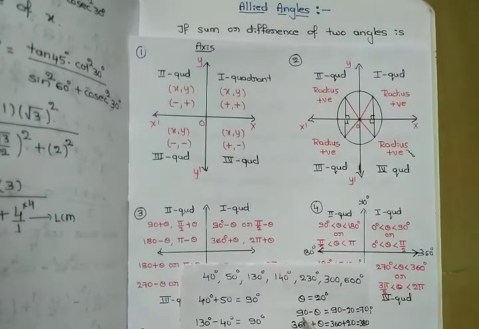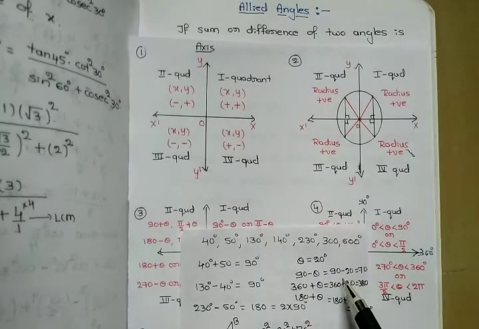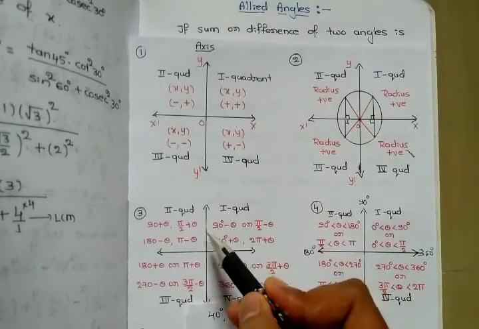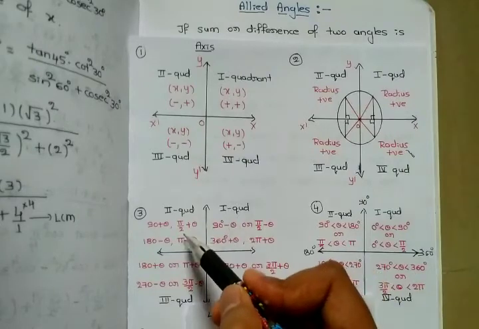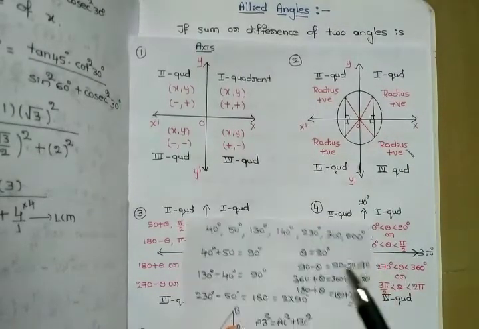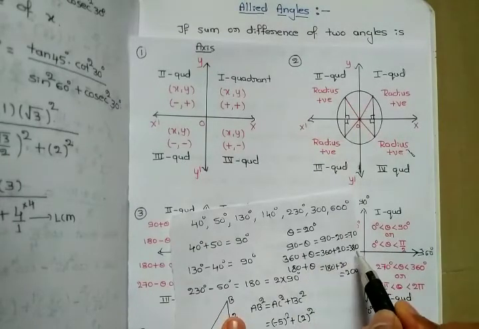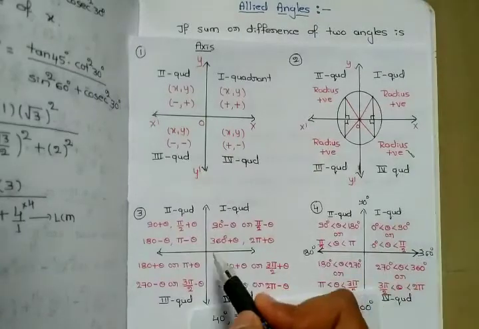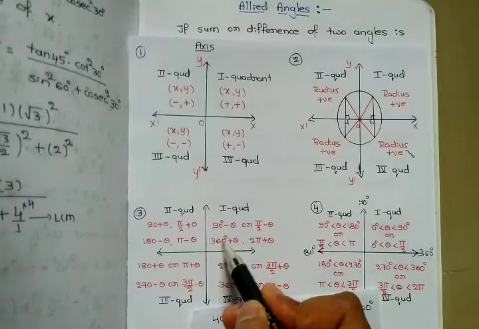See, 90 minus theta, if I take theta is equals to 20 degree, 90 minus 20 is 70 degree. You know, 70 degree always lies in this first quadrant only, not in second, not in third. And one more thing, 360 plus theta means 360 plus 20 is 380 degree. One complete rotation is 360, plus 20 means 380.